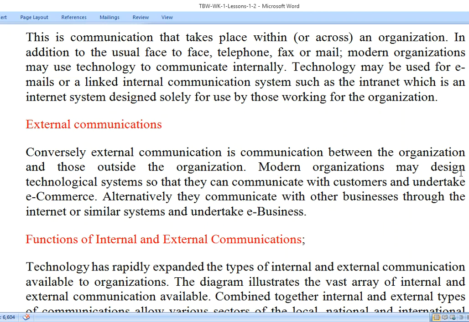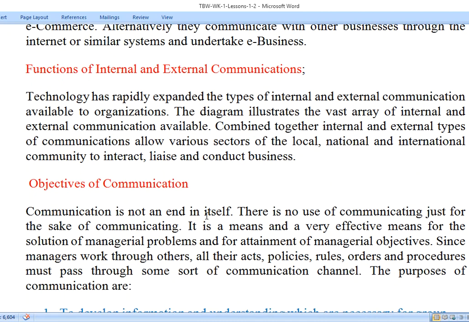Modern organizations may design technological systems so that they can communicate with customers and undertake e-commerce. Alternatively, they communicate with other businesses through the internet or similar systems and undertake e-business.